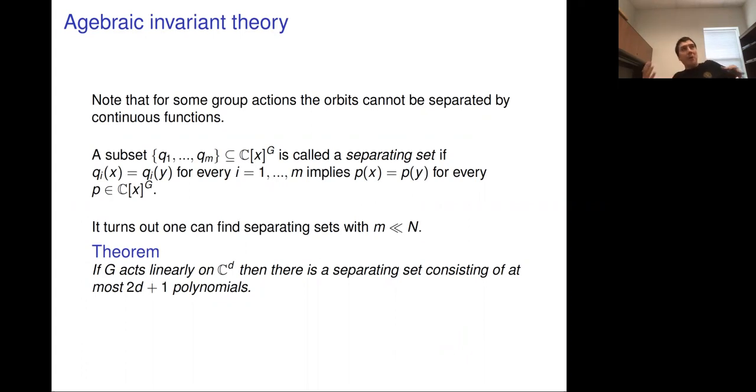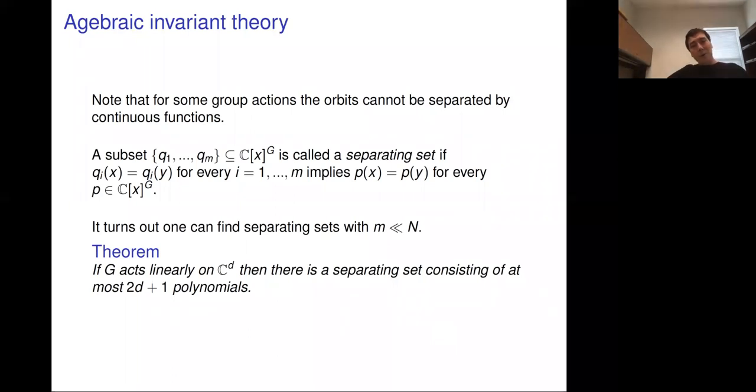By then, people were starting to think that maybe this could actually be useful for some computational problems, because it's clear that if you can understand these separating things under a group action, like I was talking about at the beginning, there are plenty of possible machine learning applications. Only then did they realize that if your goal is only to separate orbits of the action, you in fact do not need a full generating set of the entire ring of invariant polynomials. In fact, you can get away with much fewer.